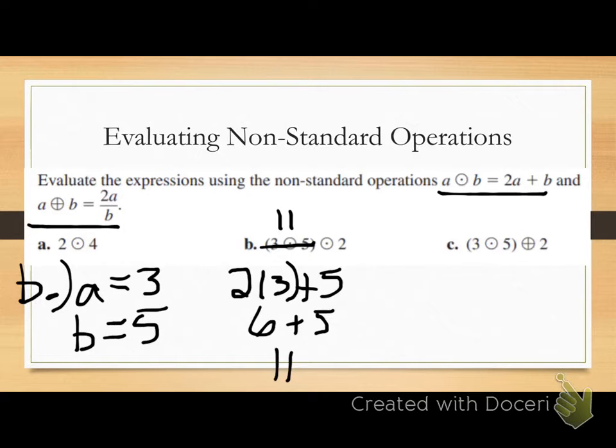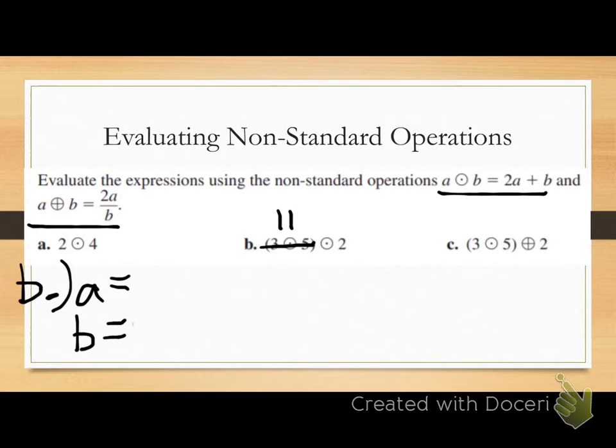So now, what is my A value? 11. What is my B value? 2. Everyone see that? 11 took the spot of 3 circle dot 5 because that's what 3 circle dot 5 equals. Okay, for 11 circle dot 2, am I using the first or second operation?